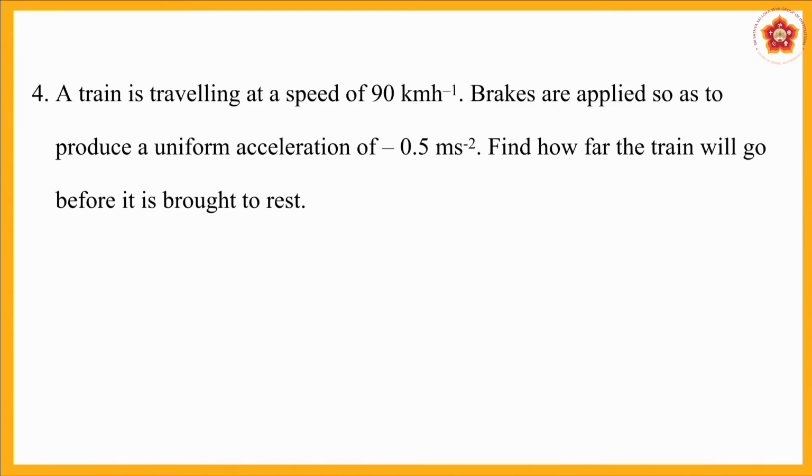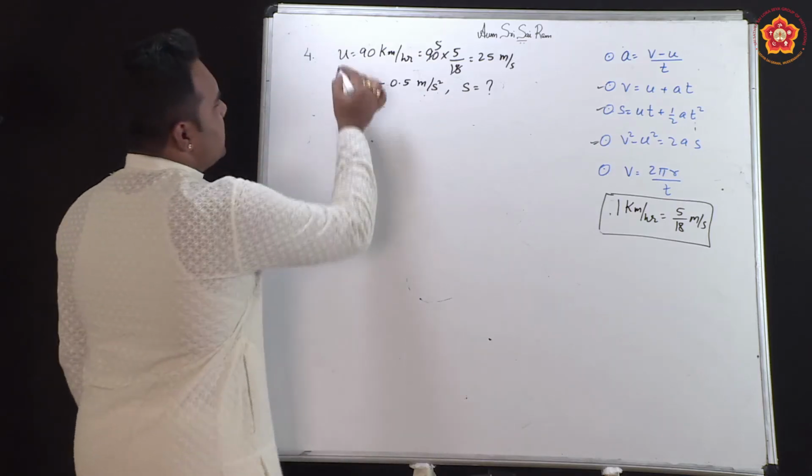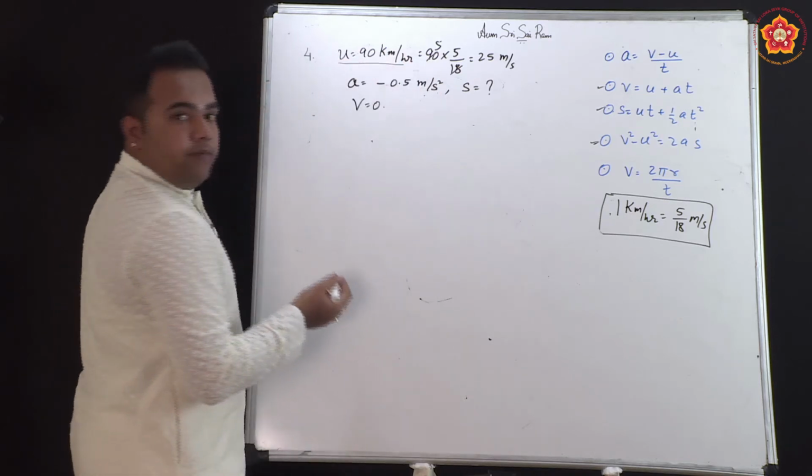This phrase, the train is brought to rest, means that it is moving with some initial velocity, and the final velocity obviously becomes 0. Why? Because brakes are being applied now. So, whenever we see a phrase like the object comes to rest or it is brought to rest, it indirectly means that the final velocity is 0. So, this data is given for us now. Initial velocity is 90 kilometers per hour.